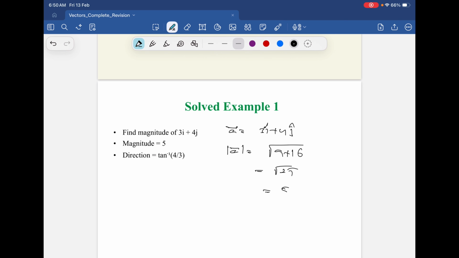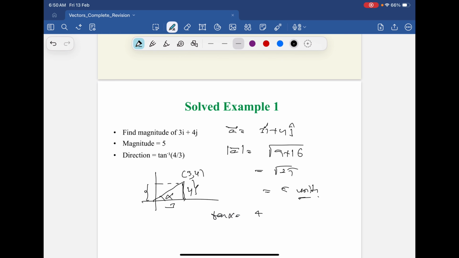How much? 5 units. Now the direction. See, this is a point in space: x component is 3 units, length along y direction is 4. So the point is 3 comma 4, and this angle is alpha. What can you write now? Tan alpha is opposite side by adjacent side, that is 4 by 3.